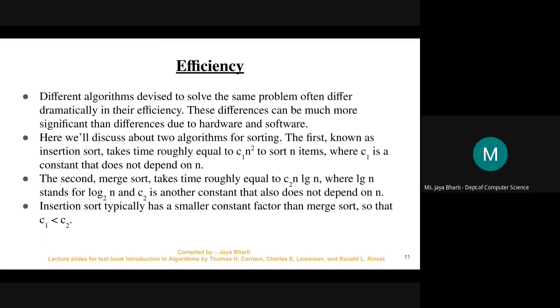Quick sort will give a different time complexity, insertion sort a different one, and merge sort a different one. This is not because of hardware or software, but because of their design mechanisms.